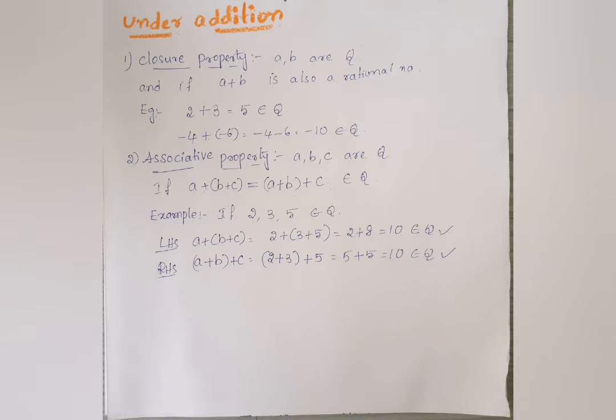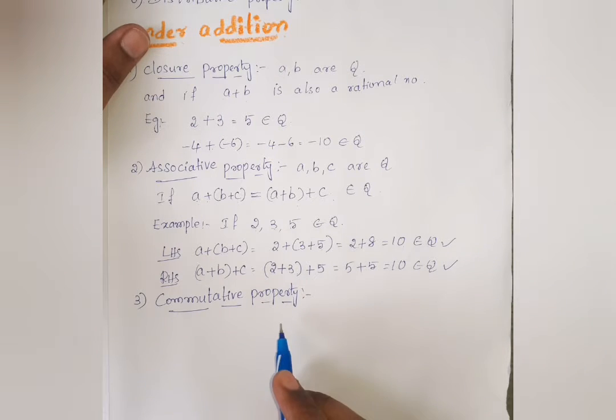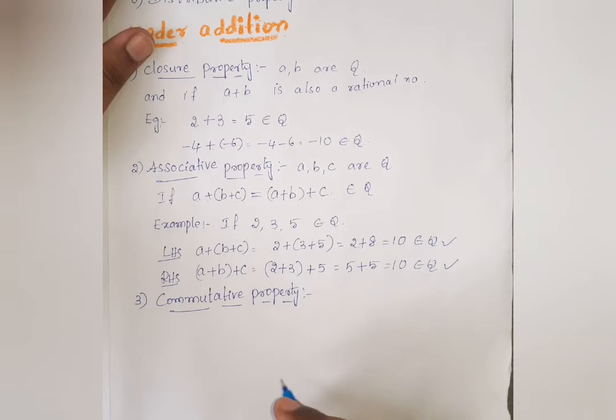Next, let's see the next property, that is the commutative property. What does the commutative property say?